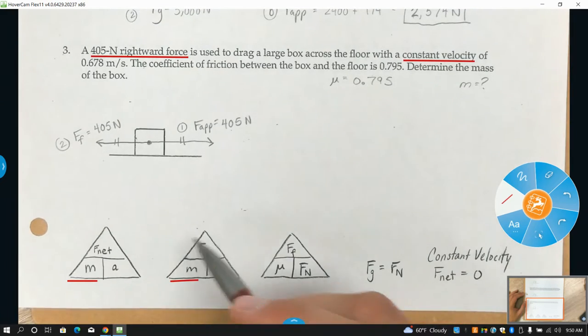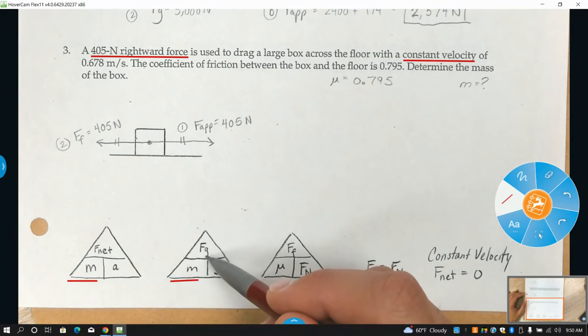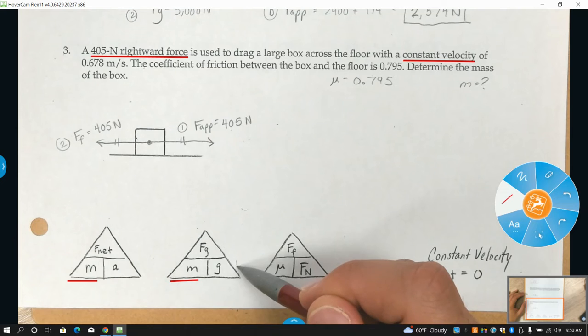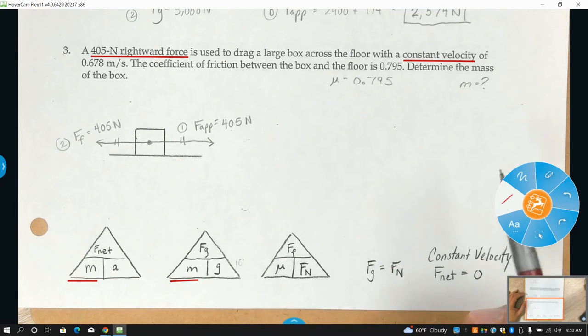Okay, so wait, I can't use that. So I'm going to have to use this. So how can I get Fg? G is always 10 because that's gravity. So what do I do? Well, look what I have right here. You see this? Weight and normal force are equal to each other, right? Okay. So I need this because I know that g is 10.